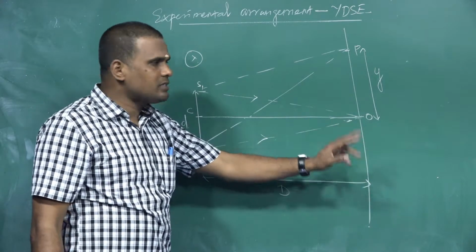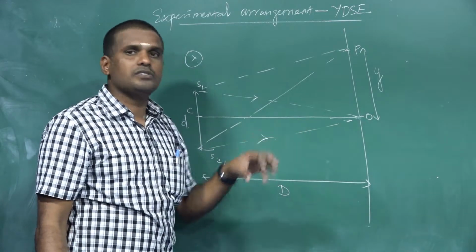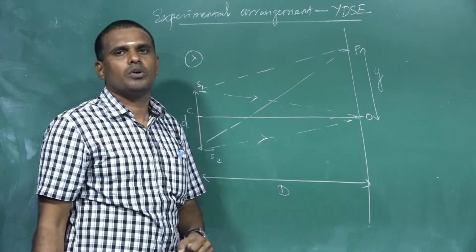If the waves are in phase, constructive interference takes place and a bright fringe is formed.